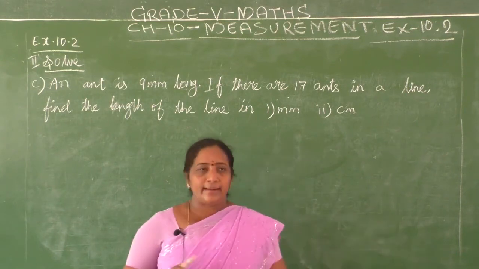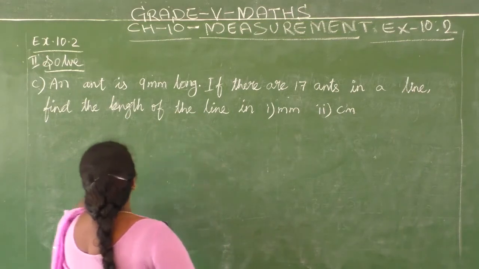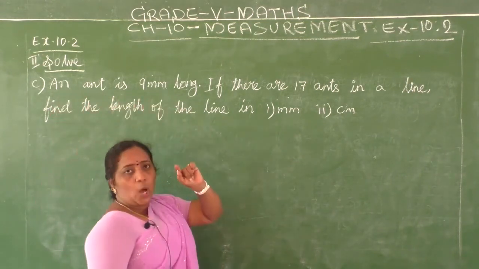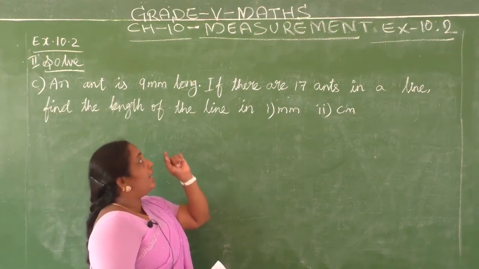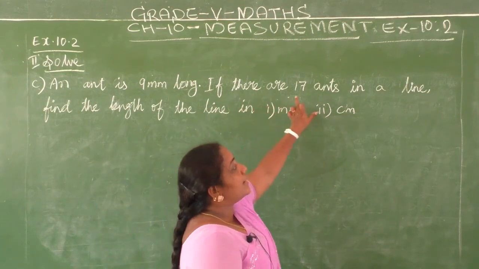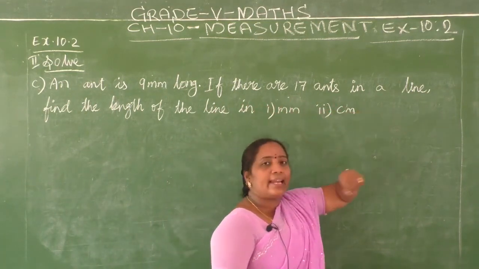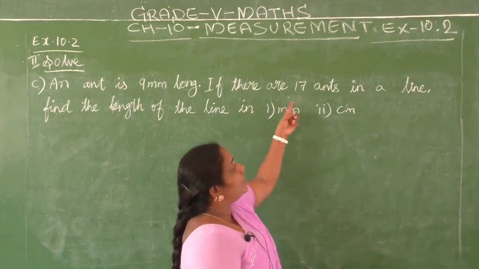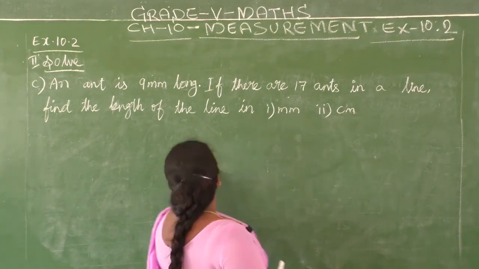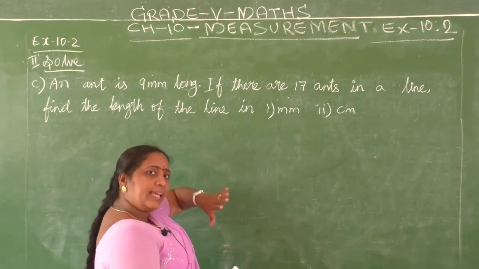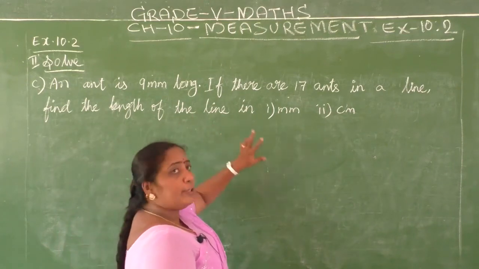Once again I read the question, just listen. An ant is 9 millimeter long. Length of the ant is 9 millimeter. If there are 17 ants in a line, ants usually go by line only, no? Find the length of the line in two ways.